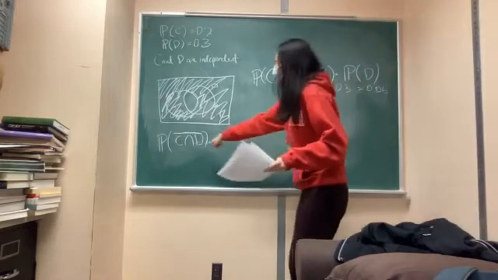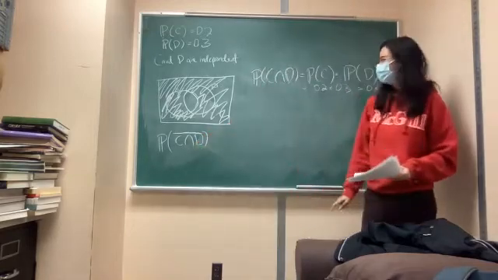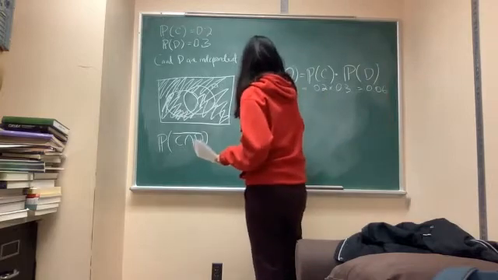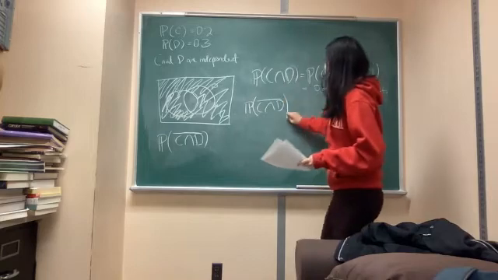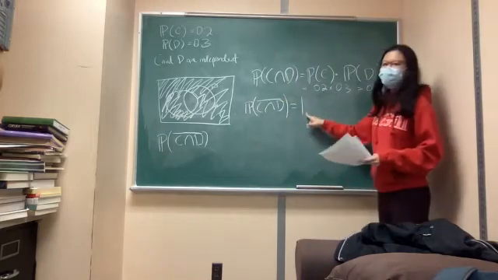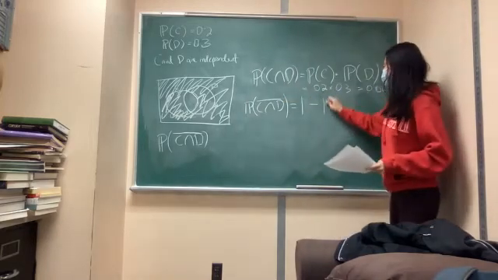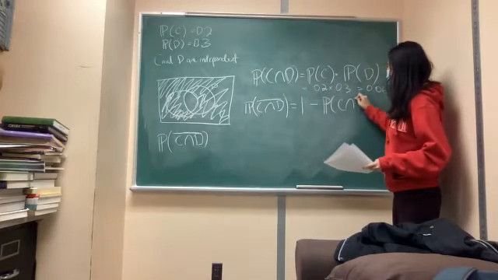Now, you want to find everything else. So if you want to find everything that is not this, it's just 1 minus the probability that this happens, right?